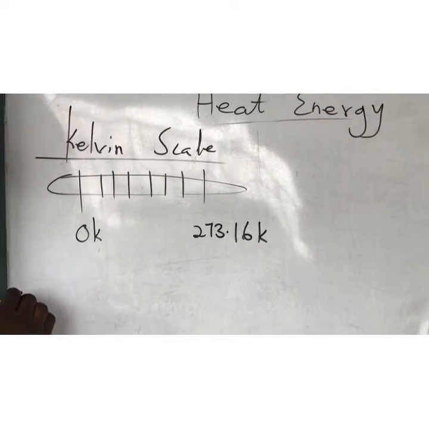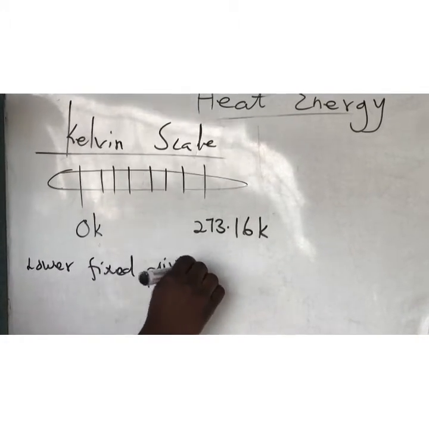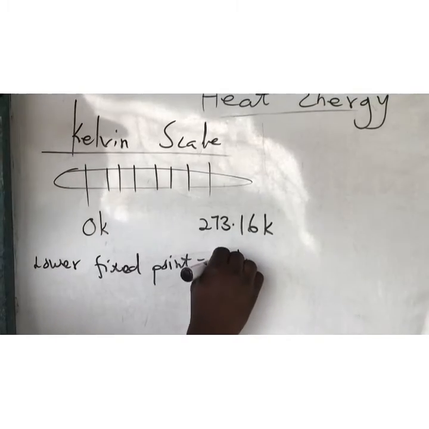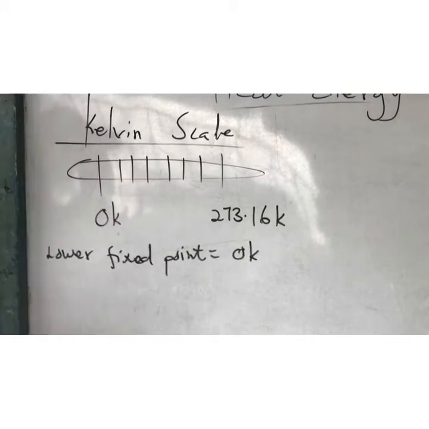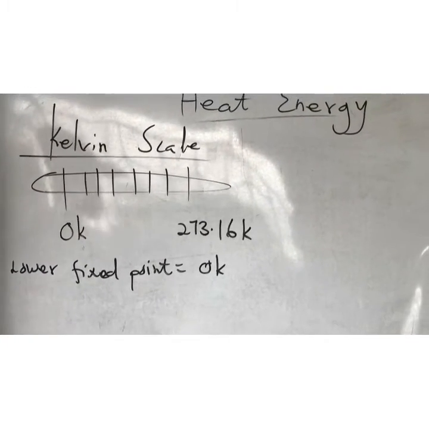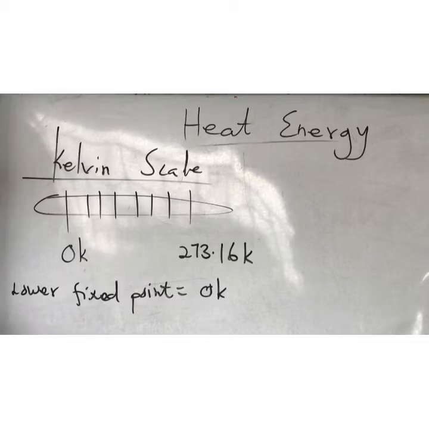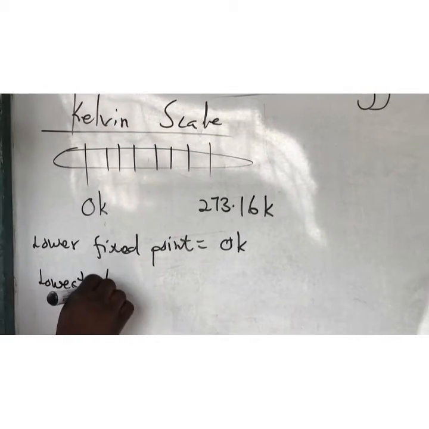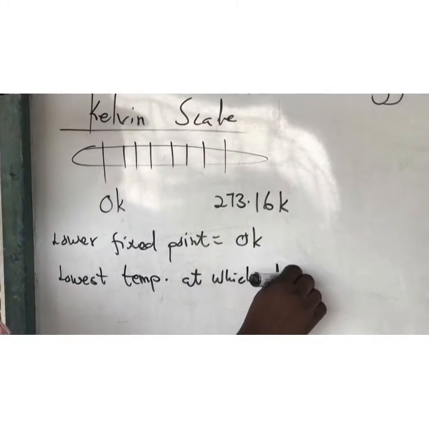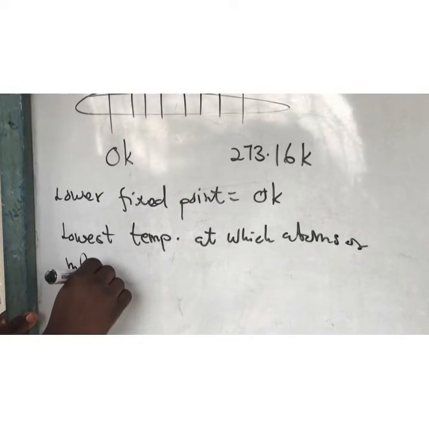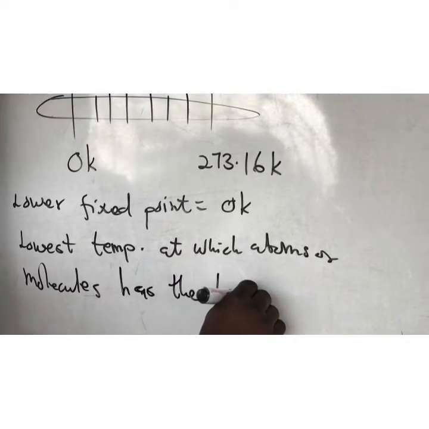But with the Kelvin scale, the lower fixed point is denoted by 0 K. The lower fixed point is the lowest temperature at which atoms or molecules have the lowest energy.